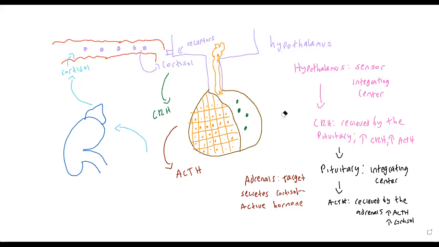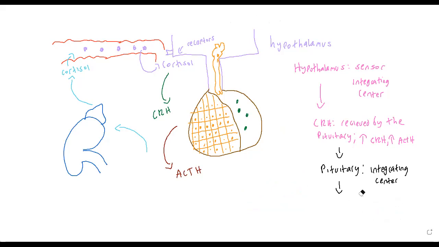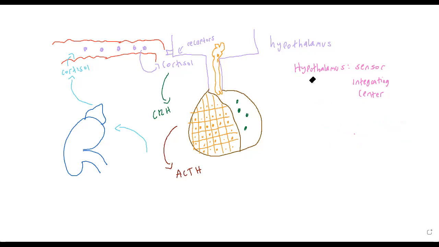So let's go ahead and do a simple pathway now. Oh, and I should also mention that the changing levels of cortisol act as what's called the stimulus. And the stimulus is what kicks a feedback system into action. So anyways, let's say that the hypothalamus detects that cortisol is too high.